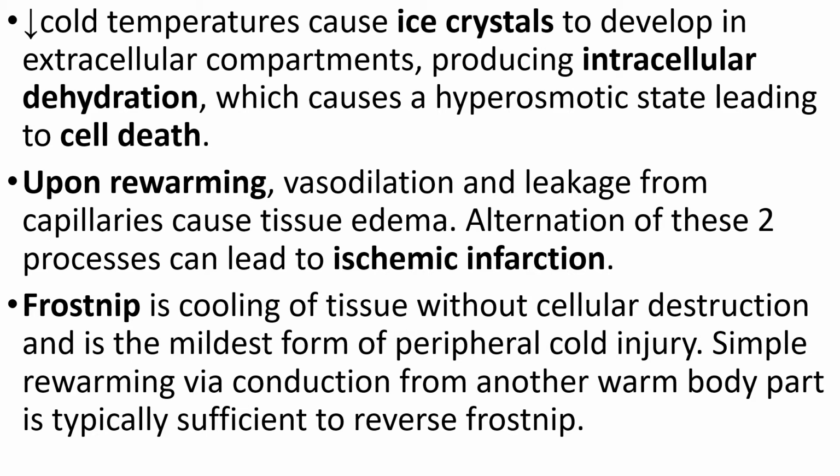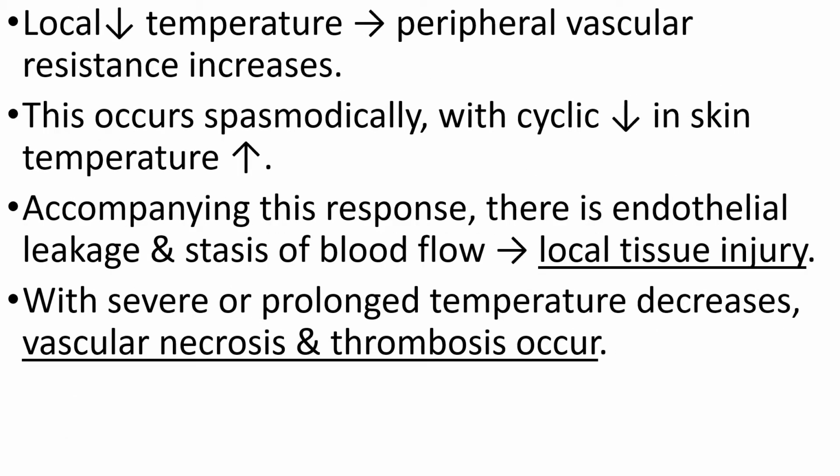Frostnip is cooling of tissue without cellular destruction and is the mildest form of peripheral cold injury. Simple rewarming via conduction from another warm body part is typically sufficient to reverse frostnip. Local decrease in temperature will lead to an increase of peripheral vascular resistance.